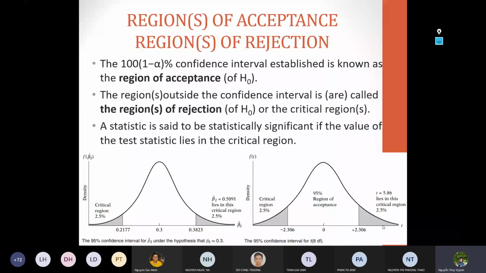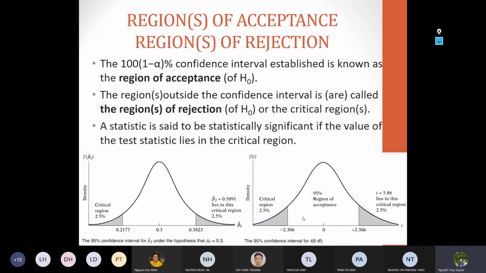A statistic is said to be statistically significant if the value of the test statistic lies in the critical region. So a statistic like beta z hat is said to be statistically significant if the value of the test statistic, which is t, lies in the critical region.